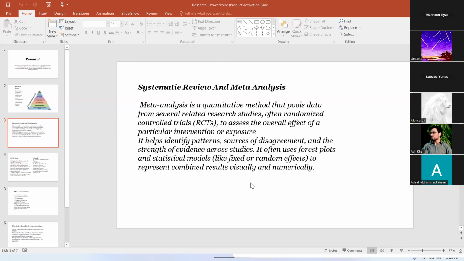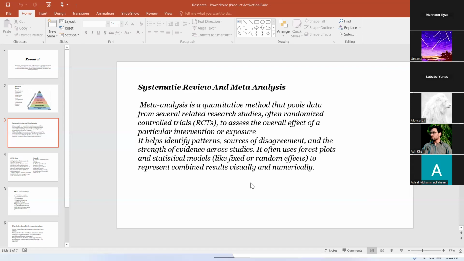For example, in one study, they may be saying that metformin decreases the glycemic percentage by, let's say, 5%. In another study, they may be saying that metformin causes, let's say, skin rash, but in other studies, it may be written that metformin doesn't cause skin rash.